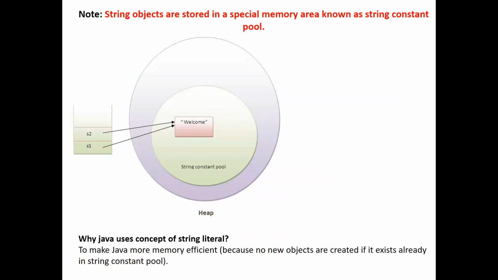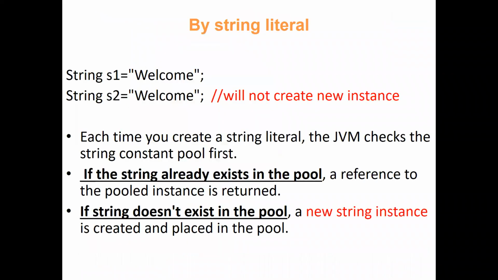That's it. So if you see here, there is no new object created here. So that's how JVM saves the memory in case of strings. Let's see. Like that only, if string S3 is equal to ABC, first it will check.